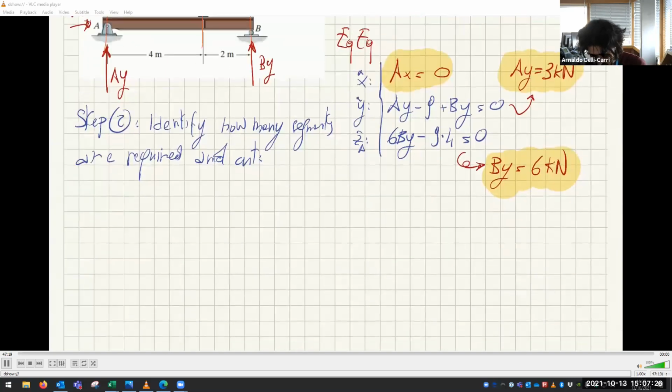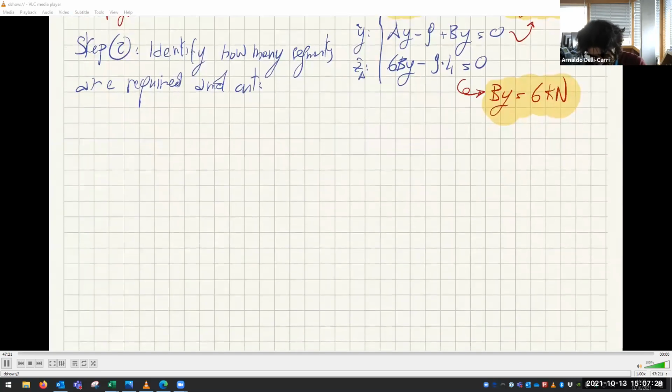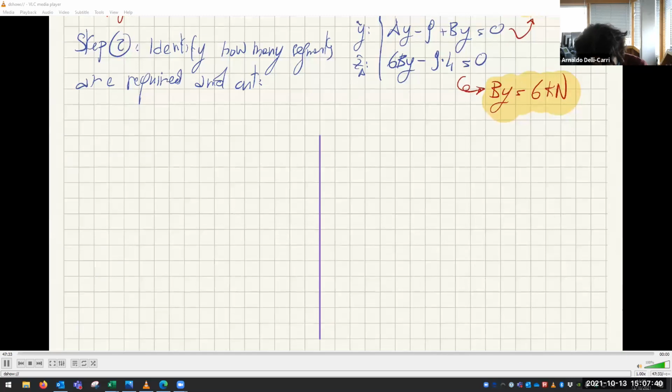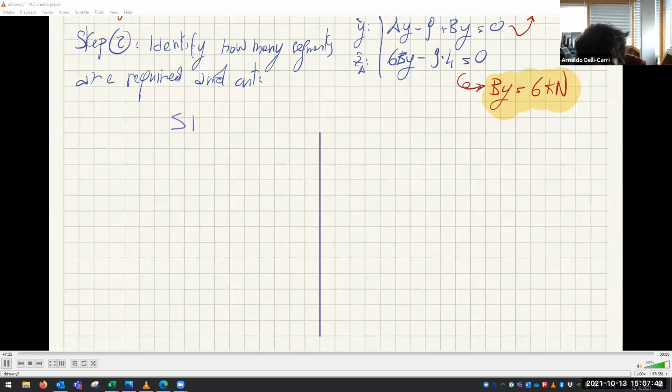So let me draw here a straight line. And we have segment 1, X goes from 0 to 4 meters. And segment 2, X goes from 4 meters to 6 meters.